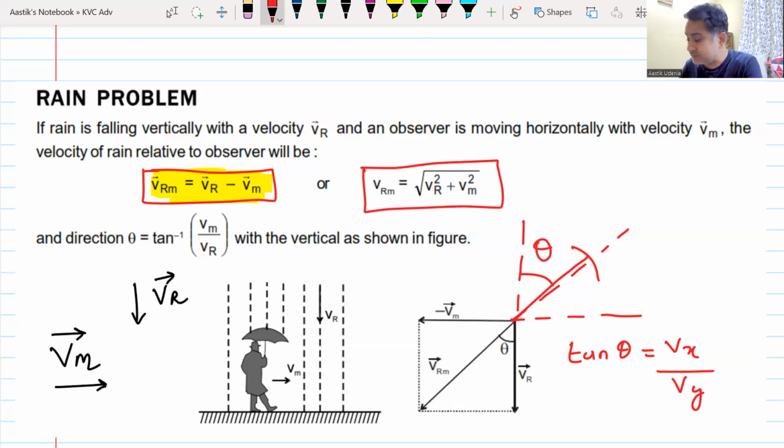Everyone knows this? Can I give you a question then? Everyone has noted this down? Give you 2 minutes to note this down.